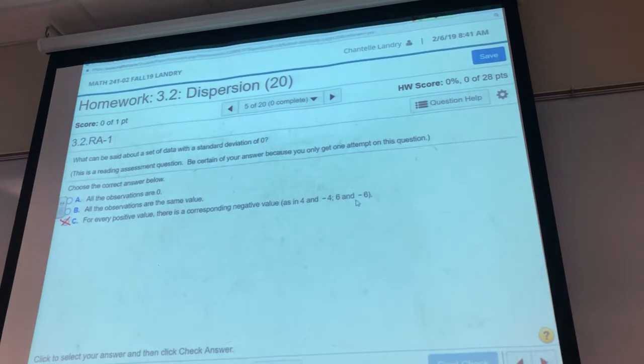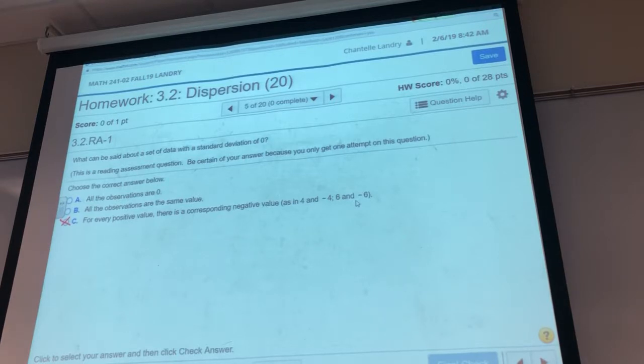But for part B, if all of your observations are the same, you can still get a standard deviation of 0. So let's say all of our observations are 5, then all of your dots are lined up here at 5. And so in this case, your standard deviation is 0.